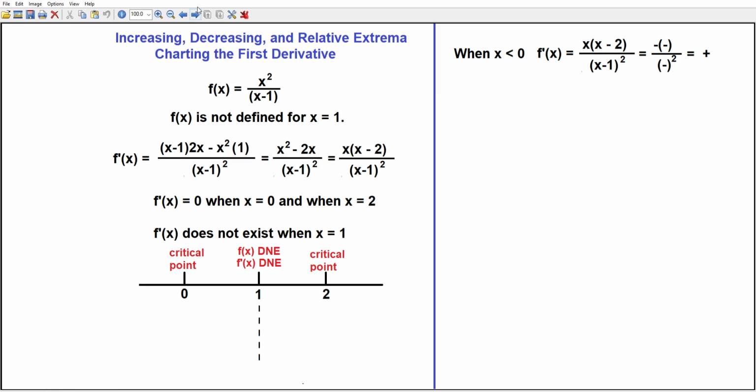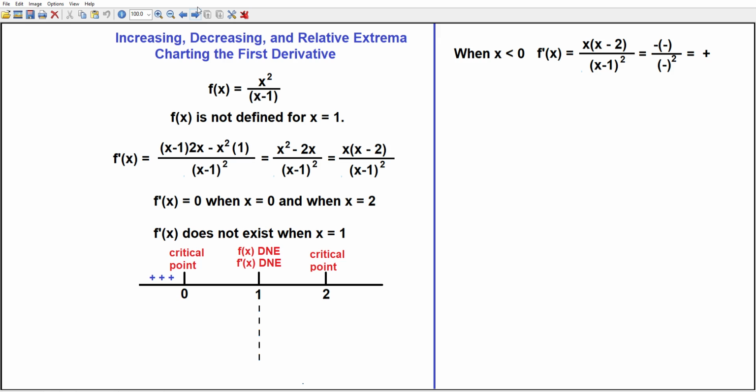So we have minus times minus over minus squared, and that's plus. So in this interval, f prime of x is positive. As a result, we indicate that by putting pluses on our chart when x is less than 0.